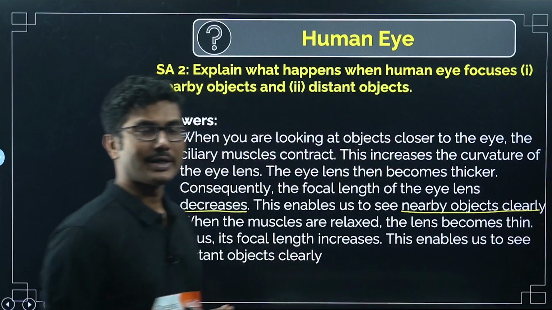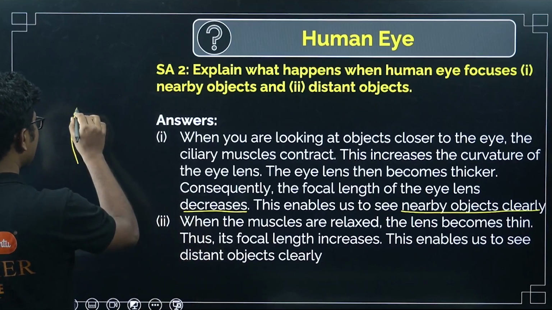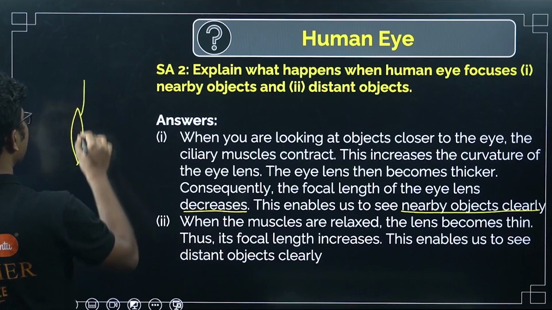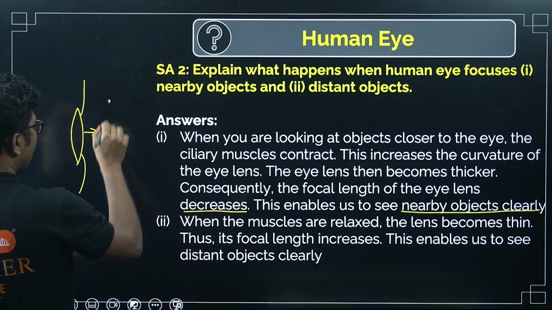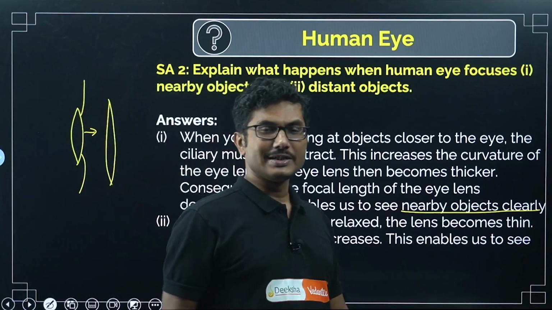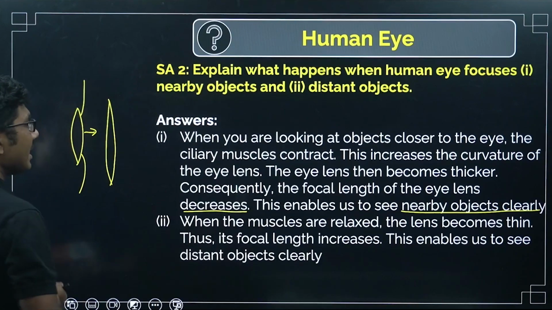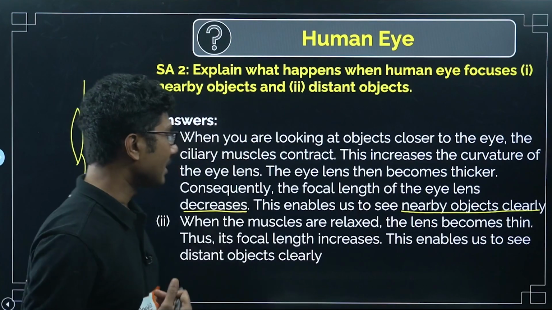So basically, as the radius of curvature increases, its focal length decreases, and you can see closer objects perfectly.